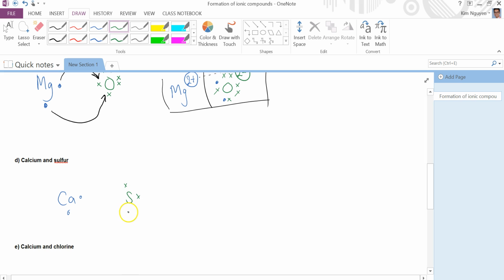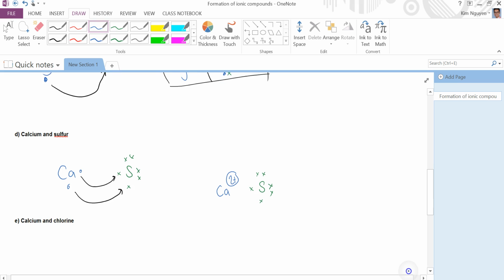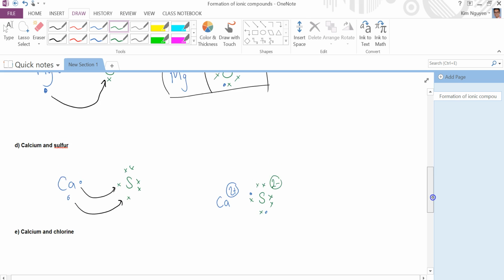Calcium will transfer its 2 electrons to sulfur, which gives us a calcium 2 plus cation and a sulfur 2 minus anion. Okay, so that's calcium sulfide right there.